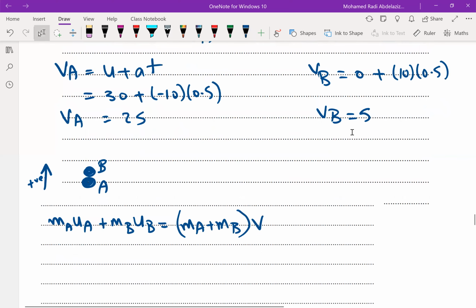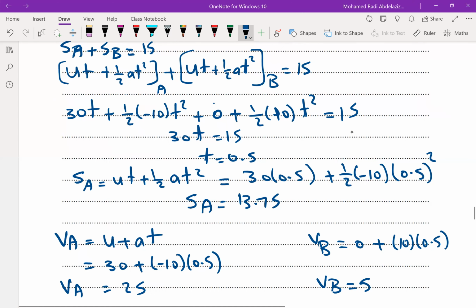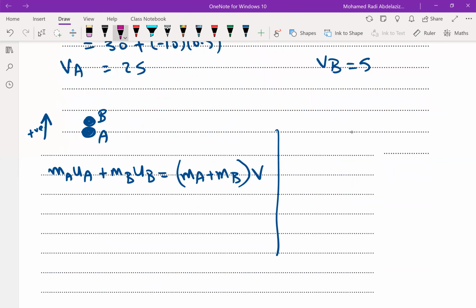But we have two cases. The first case, when mass of A is m and mass of B is 2m, then we'll repeat it again when mass of B is m and the mass of A is 2m.